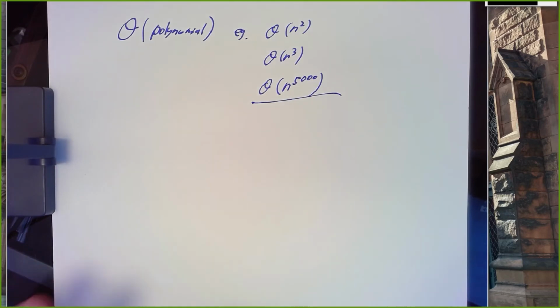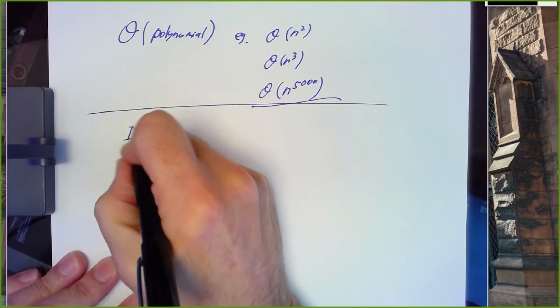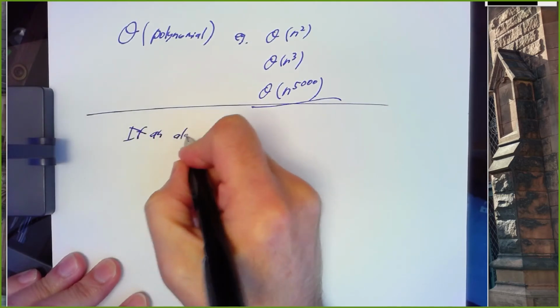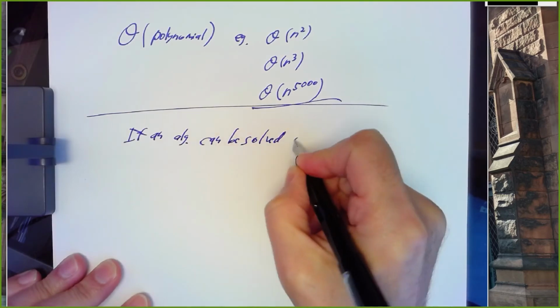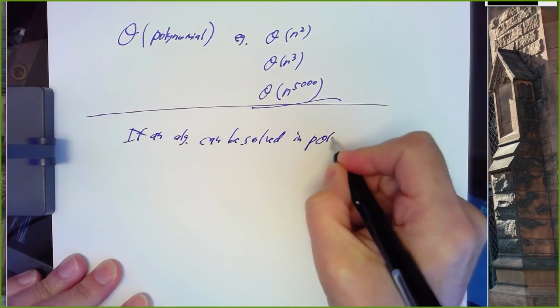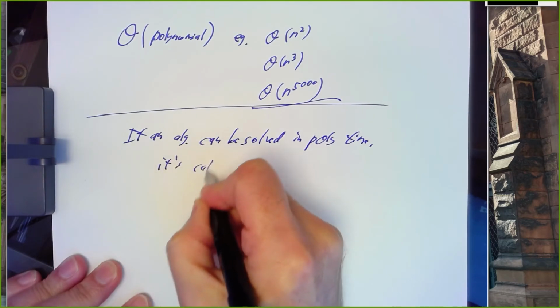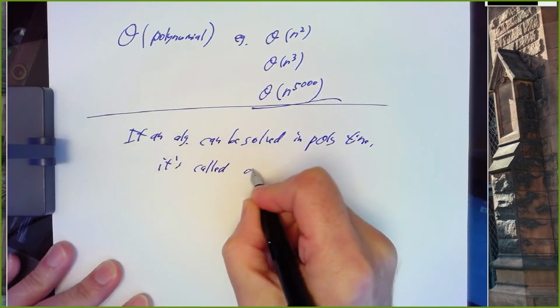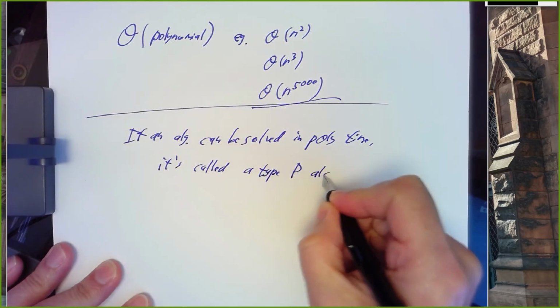All right, so here's where this is all going. If a problem can be solved in polynomial time, it's called a type P algorithm.